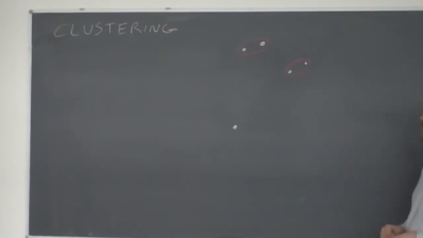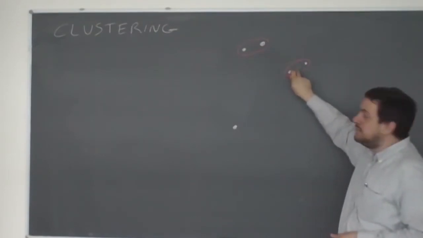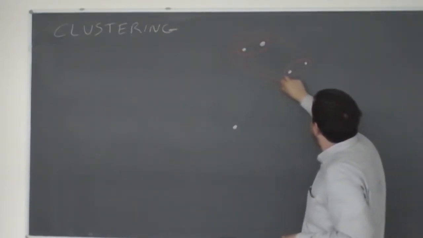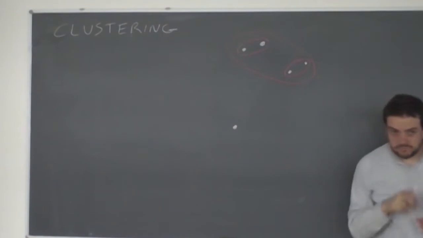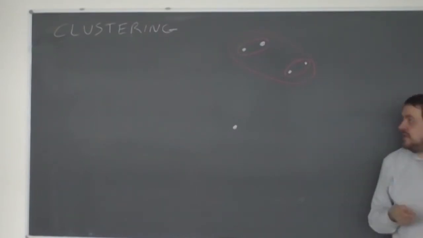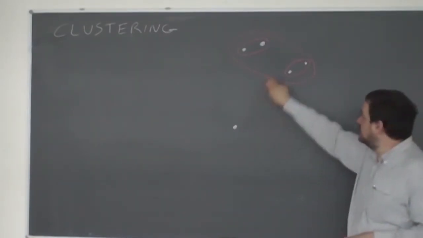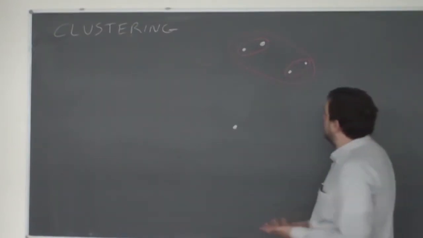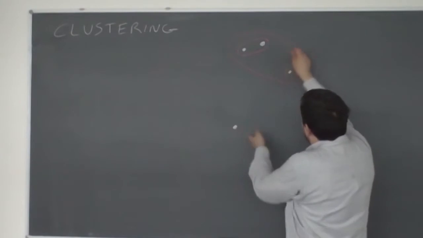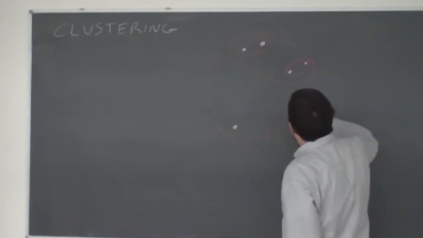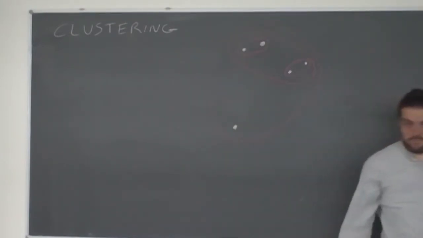I find the 2 closest elements, in this case these 2 groups, and I group them together. Finally, I remain with 2 objects, so they are grouped together.